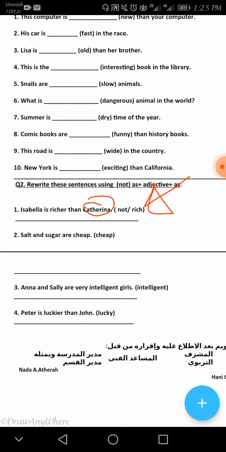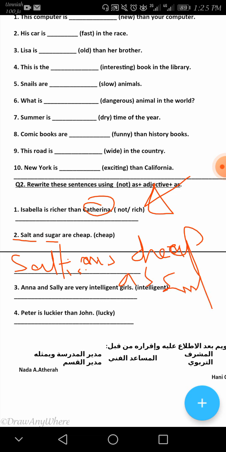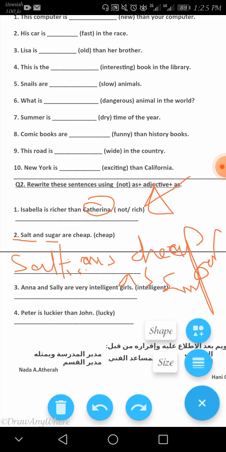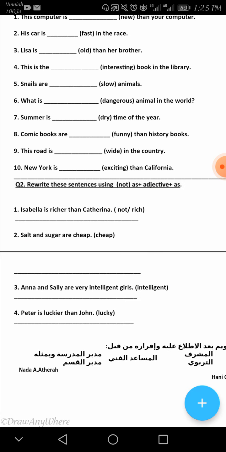اعتمدوا على المعنى بالحل. Salt and sugar are cheap. Both of them are cheap. Salt والsugar. So بقدر أحكي salt is as cheap as sugar. نفس رخص السكر.